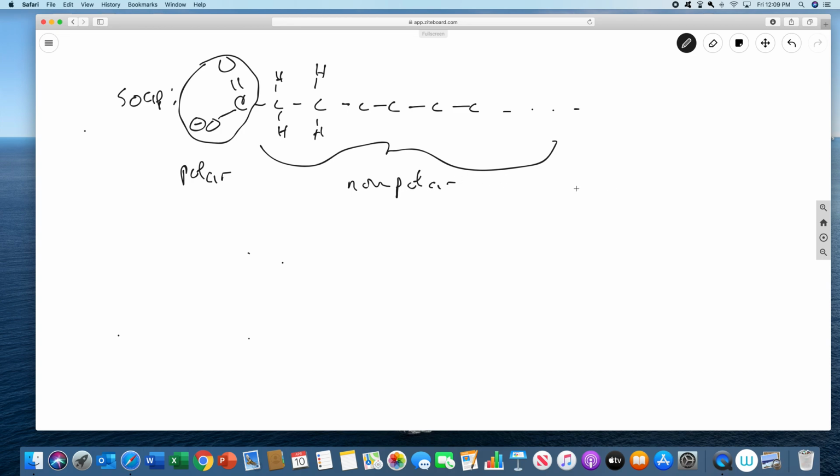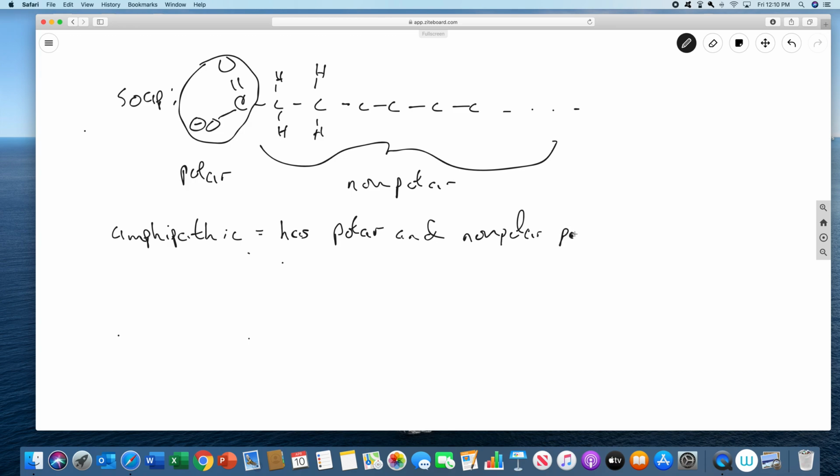So a molecule that is both polar and nonpolar, and that is big enough to have different parts, is said to be amphipathic. It means it has polar and nonpolar parts.